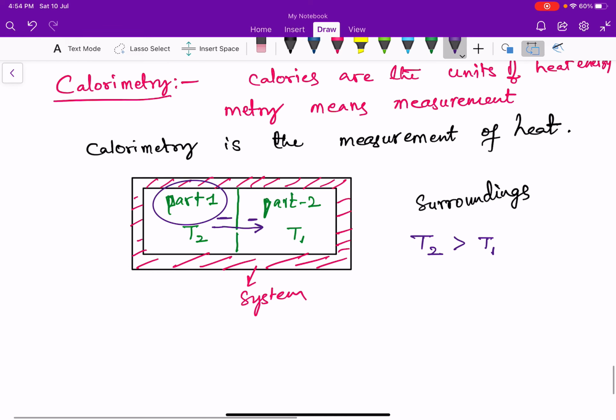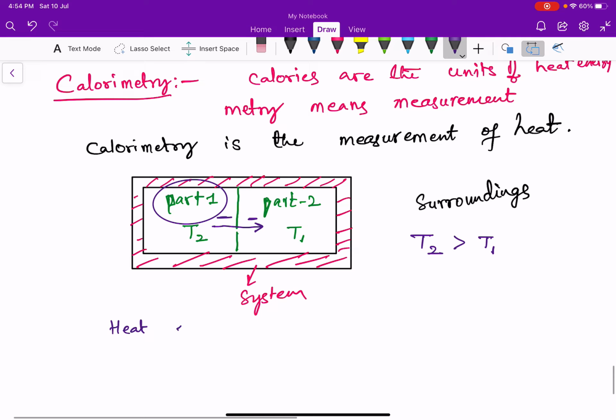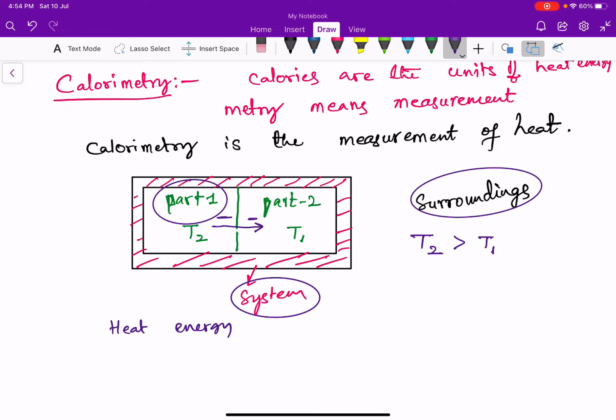Now in this case, there is no exchange of heat energy between system and surroundings. Heat energy will be exchanged between hotter and colder bodies.